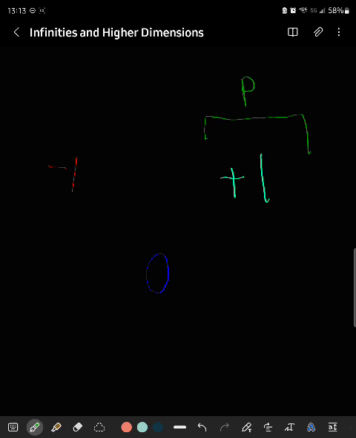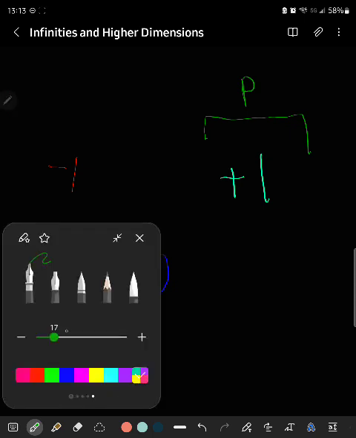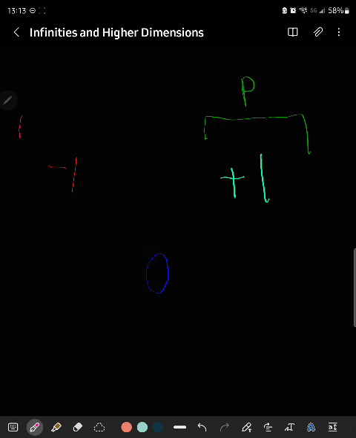But, as we all know, there's also a negative number for every positive number. So there's an infinite amount of negative numbers. N for negative infinity.